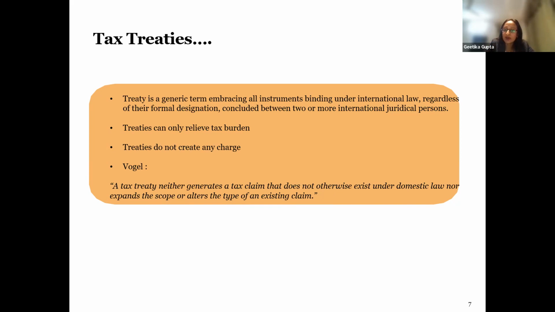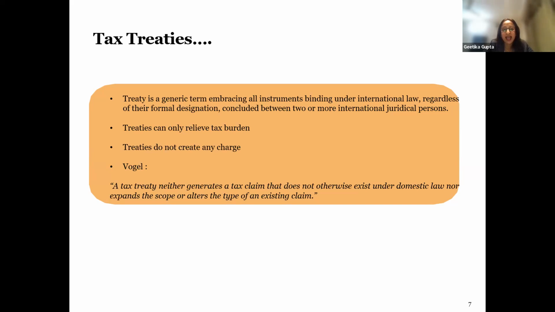I would like to mention here that the interpretation of DTAs requires a very different approach than the interpretation of the domestic tax laws, because domestic tax laws are based on interpretative principles set out by the national courts, whereas DTAs are an international agreement between the governments of two countries.